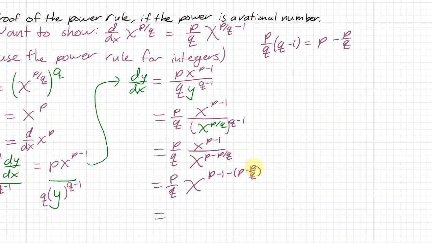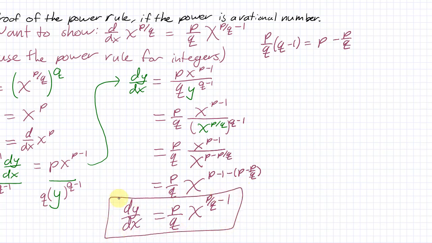The minus negative p over q makes it positive p over q, and you can write it like this. And that's what we were trying to show in the first place, was that the derivative of this function is what the chain rule says it should be.